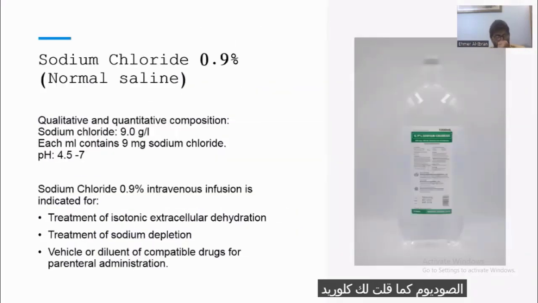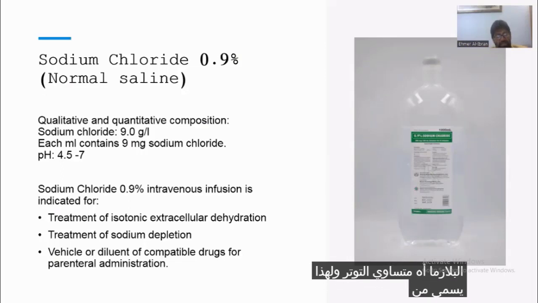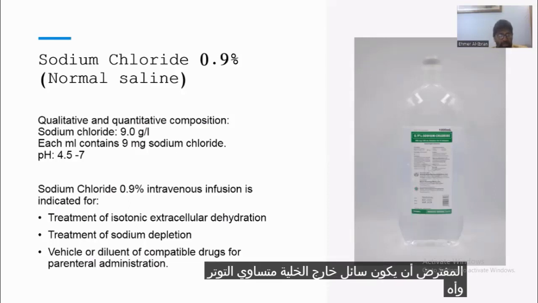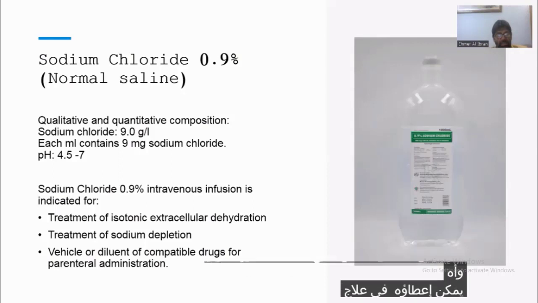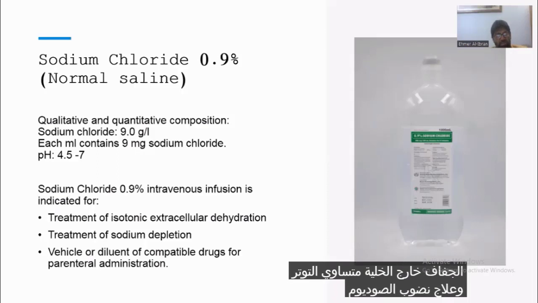Sodium chloride, as I told you, is the most popular. It has a very close composition with the plasma. It is isotonic, that's why it is called so. It is supposed to be an isotonic extracellular fluid, and it can be given in the treatment of isotonic extracellular dehydration and sodium depletion.